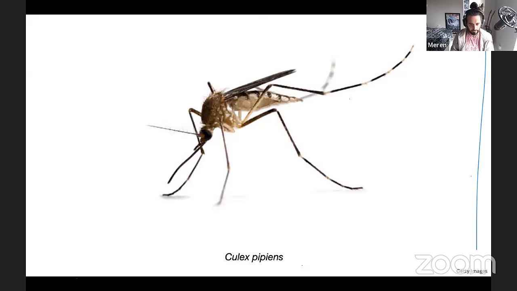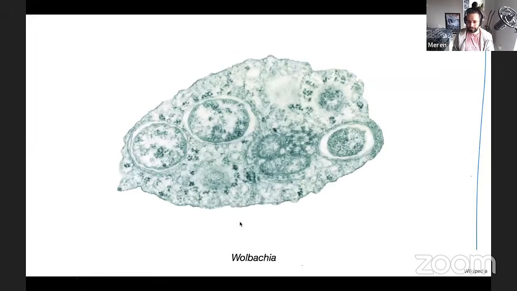Why do we care about their population size? Because we learned that this bacterium, in Seth Bordenstein's words, there's a pandemic going on Earth: Wolbachia infects more than 40% of arthropods on Earth. Arthropods include a lot of things that we very well know about, from butterflies to wasps to bees to mosquitoes.